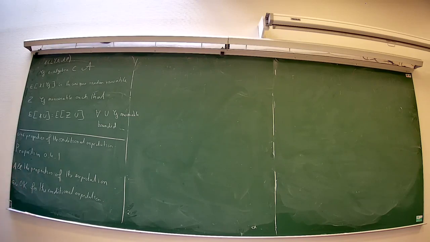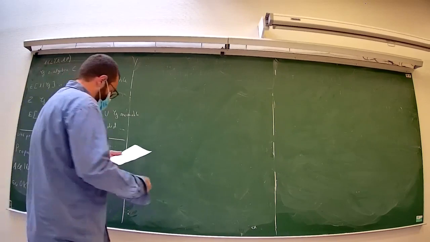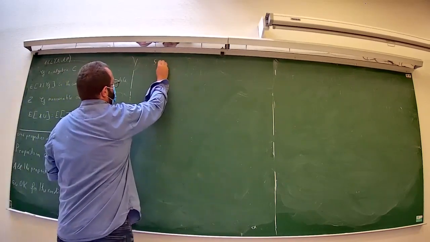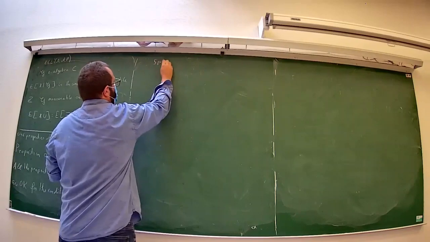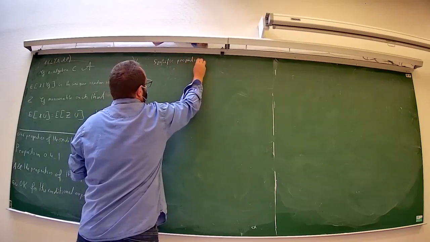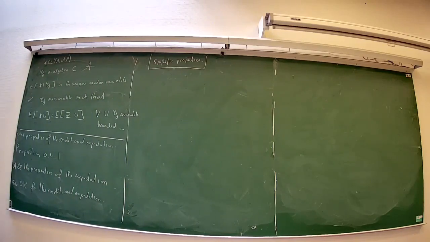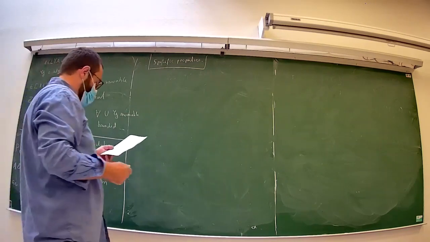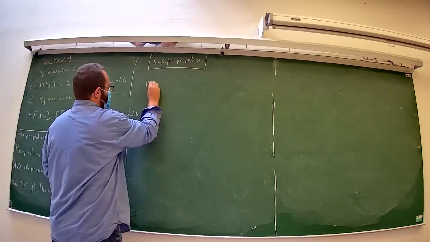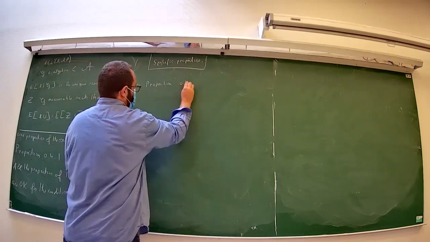What is more interesting for us today is the properties that come from this definition, typical to the conditional expectation. So I can write them this way, it's specific properties. These are properties that are not true in the case of expectation, or even meaningless in the case of the expectation, and okay in the case of conditional expectation. It's proposition 0.4.2.